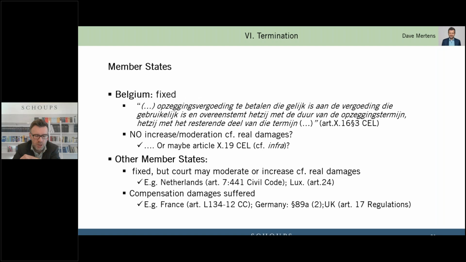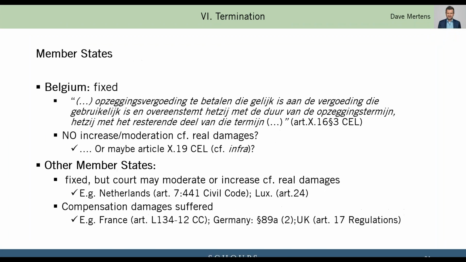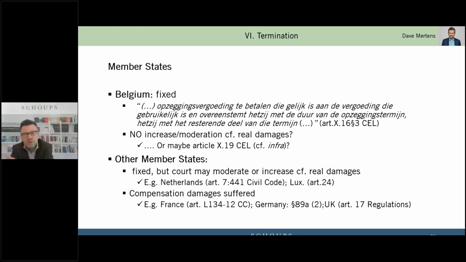How did Belgium go about this? A fixed approach. I put it here in Dutch, but it says that the compensation in lieu of notice is the compensation that the agent would have made during this period of notice. So you look at the last 12 years, the average he made, I don't know, 5,000 a month. Then, in case of 6 months, it's 6 times 5,000 euros that he can claim as an indemnity in lieu of notice.